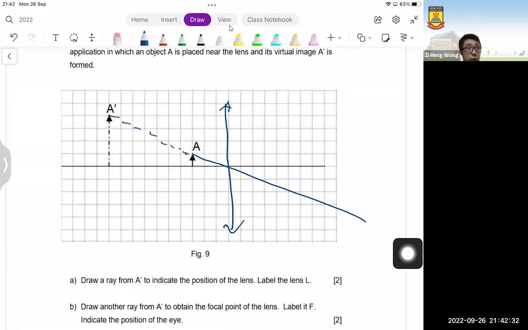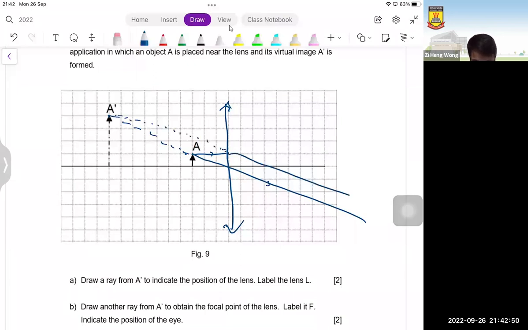Okay, so the other ray will be the ray that goes parallel, and after it goes parallel, it will go through the focal point. But this light ray will extend from here, dotted line, then you draw.